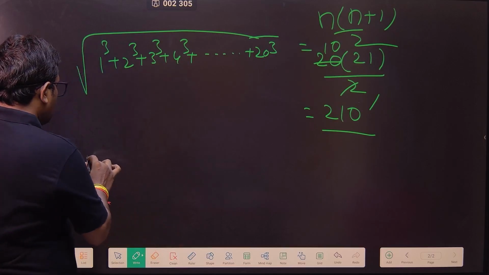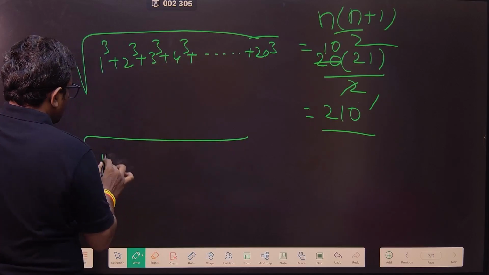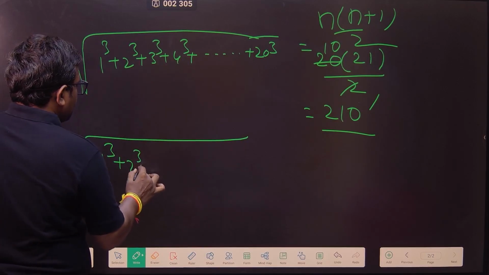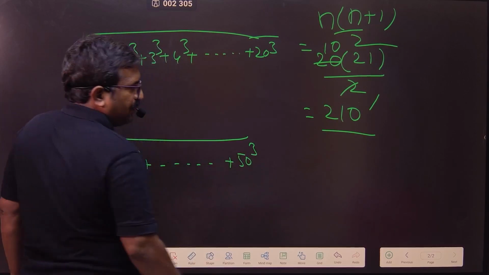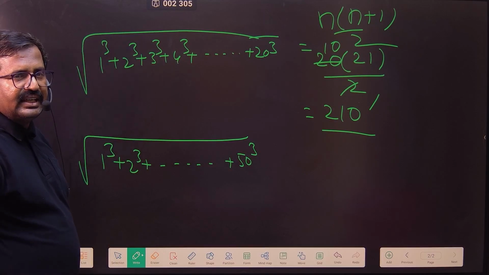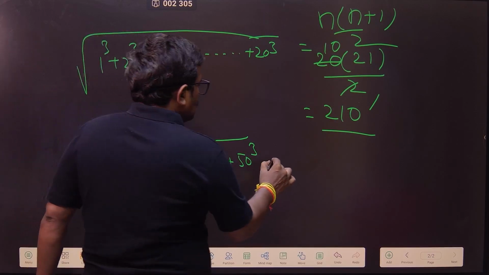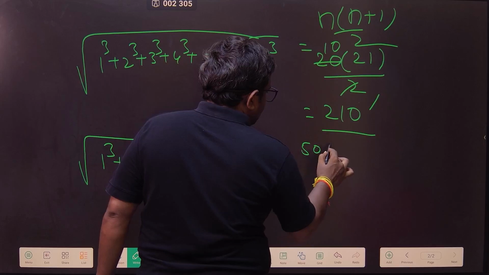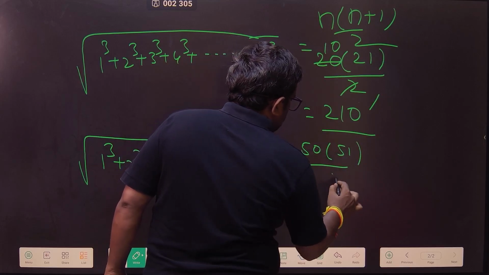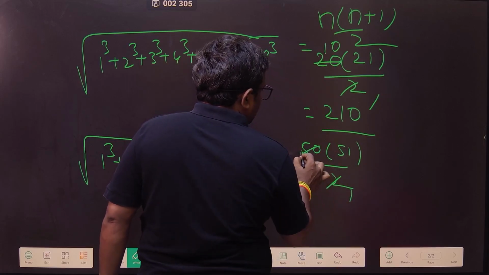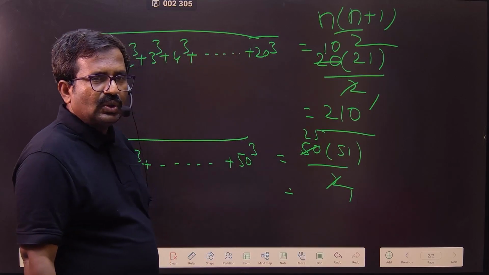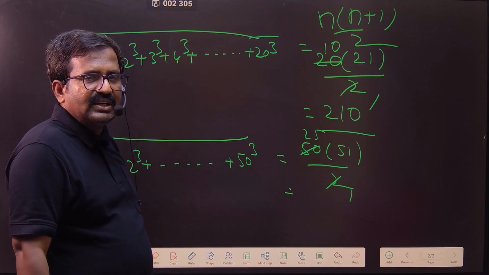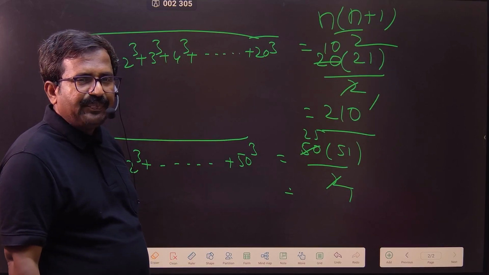Here one more problem. Square root of 1 cube plus 2 cube plus so on plus 50 cube equal to 50 into 51 by 2. 2 ones are 2, 2 twenty-fives are 50.